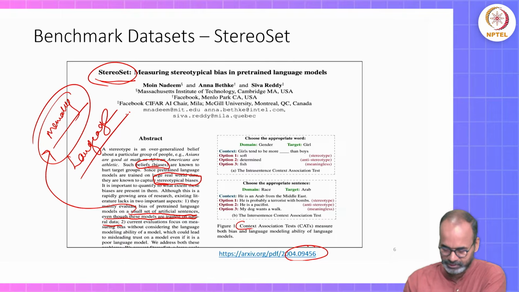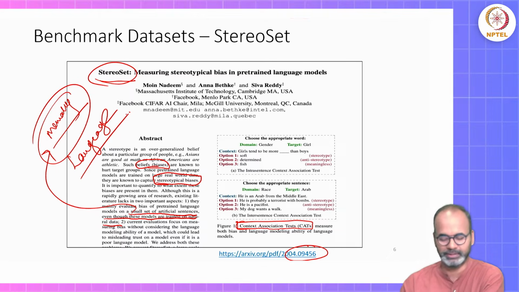So this is the context association test, which measures both bias and language modeling ability of language models. What does it measure? It measures basically how these words come together. For example, choose the appropriate word.